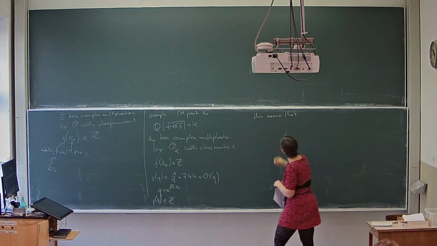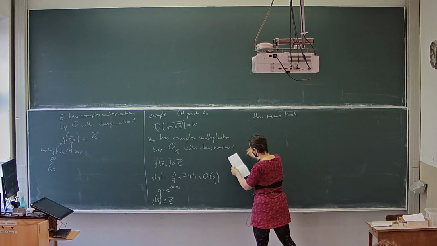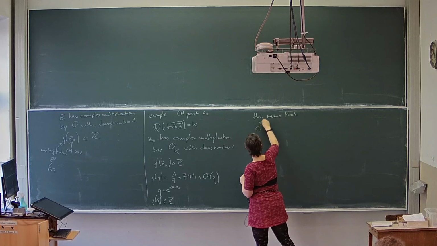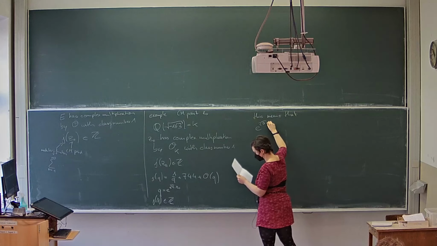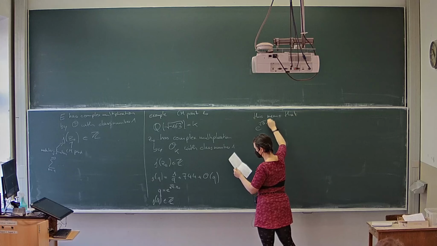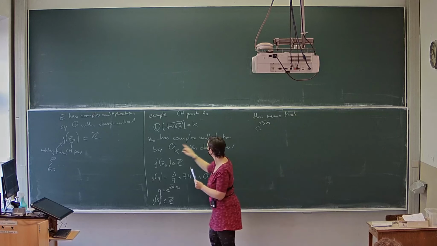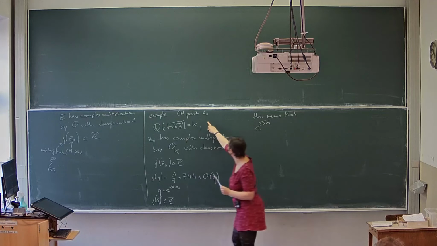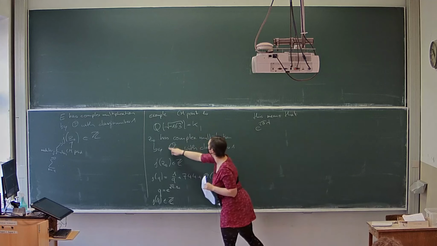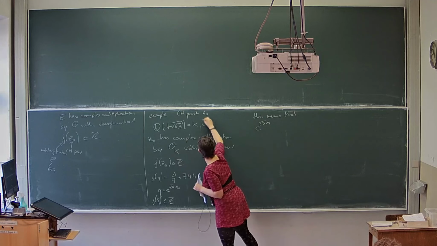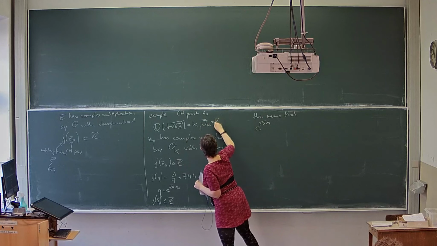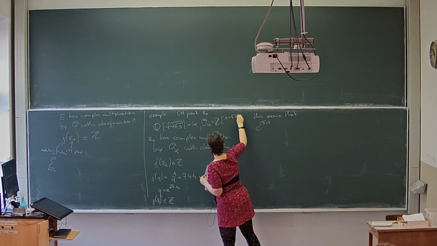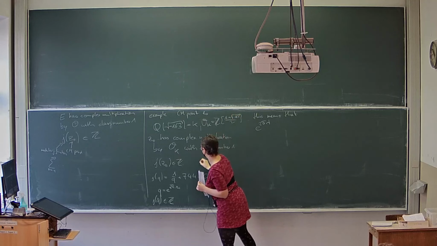So it means that e to the 2 pi I... I didn't say what Z0 is. So Z0 is the generator of this ring, and this is this.